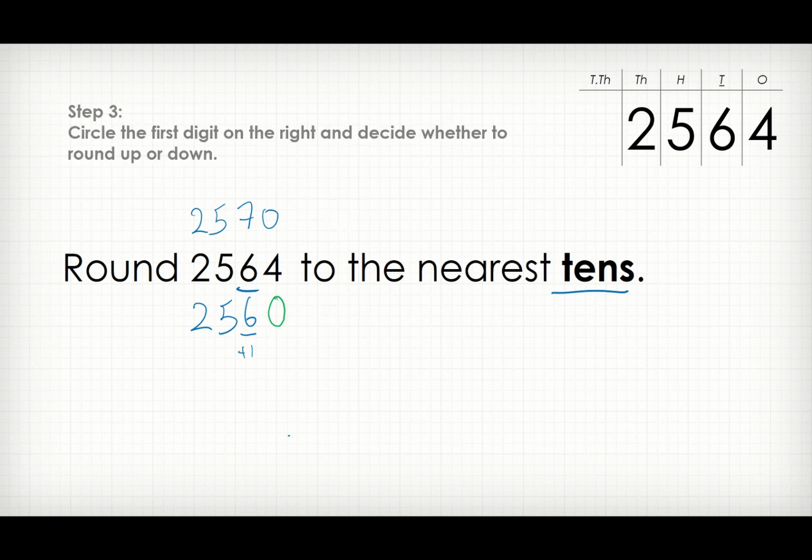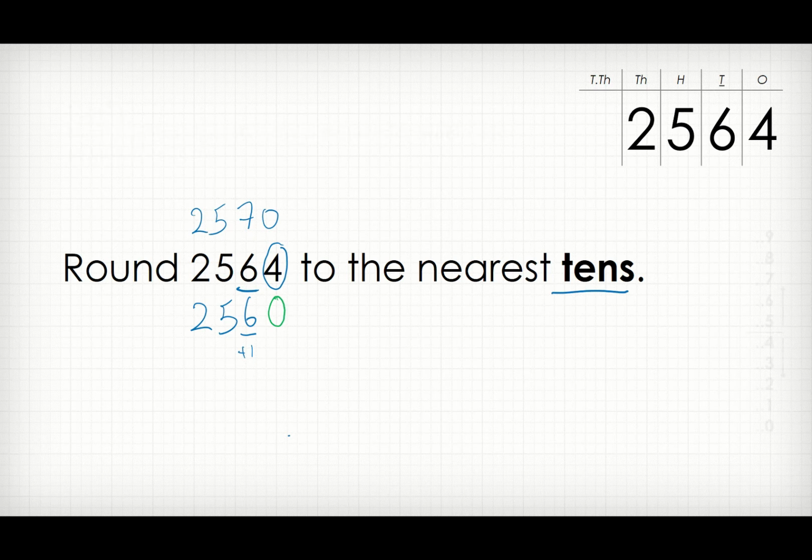Okay? The last step. Circle the first digit on the right and decide whether to round up or round down. If the digit is 0, 1, 2, 3 or 4, we will round down. If the digit is 5, 6, 7, 8 or 9, we round up.